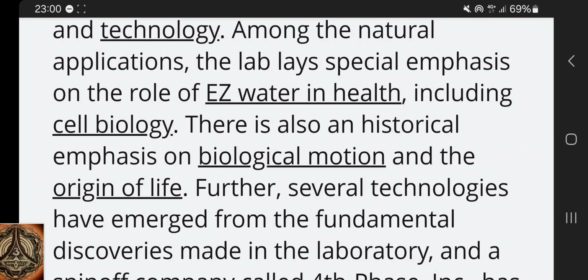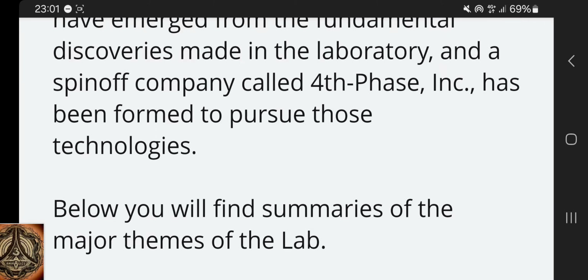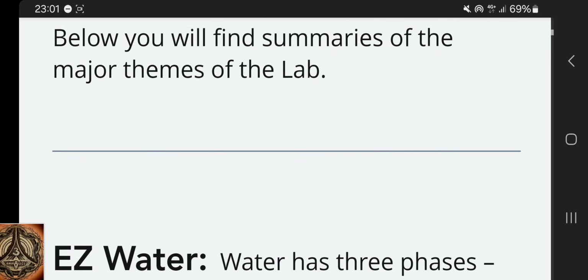There is also an historical emphasis on biological motion on the origin of life. Further, several technologies have emerged from the fundamental discoveries made in the laboratory, and a spin-off company called Fourth Phase Inc. has been formed to pursue those technologies. Below you will find summaries of the major themes of the lab.